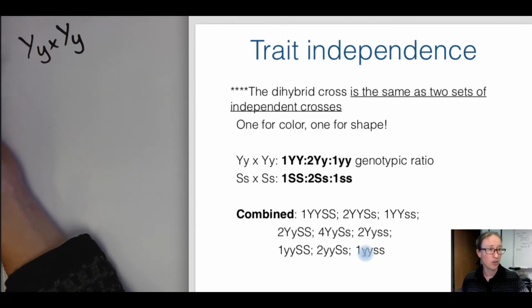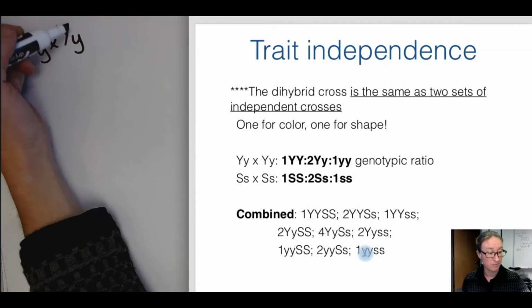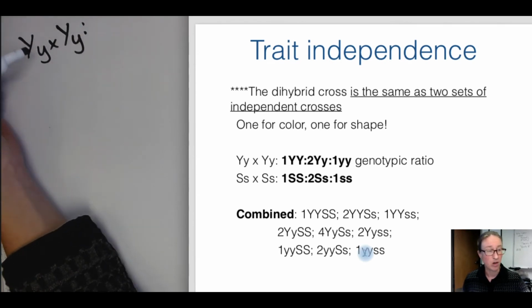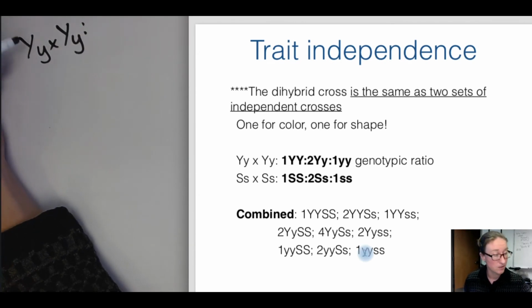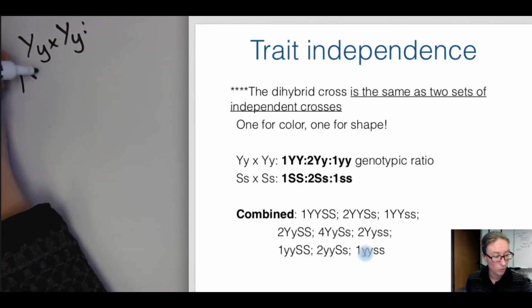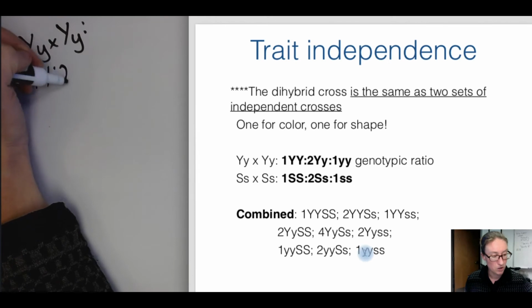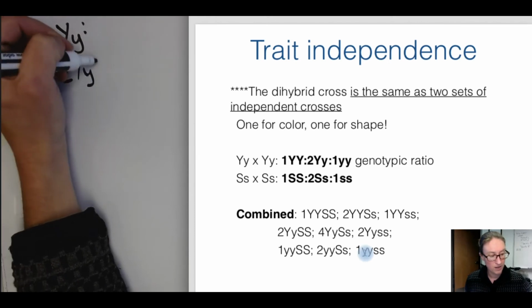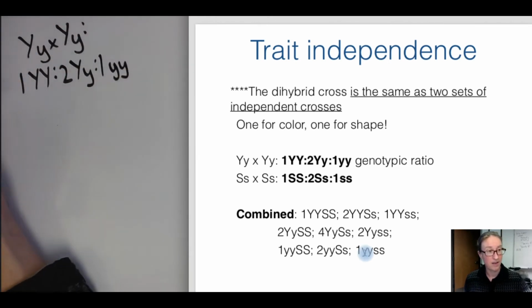And hopefully by now you're getting a little bored of this monohybrid cross, and you know automatically without drawing a Punnett square that the result that you will get for your genotypic ratio is 1 big Y to 2 big Y to 1 little y.